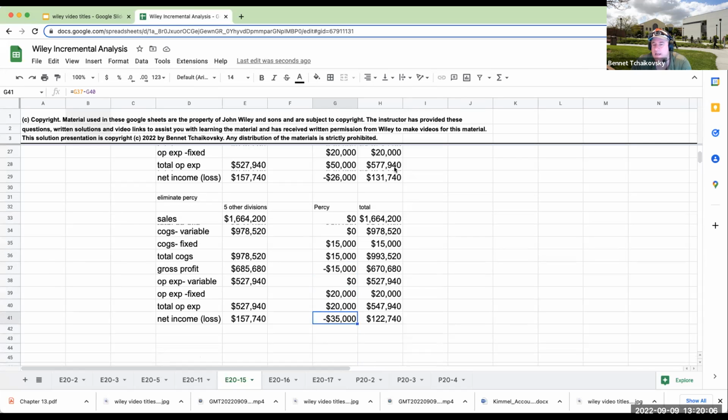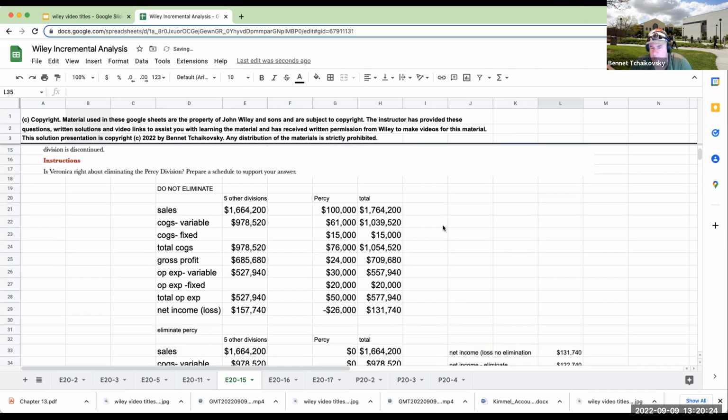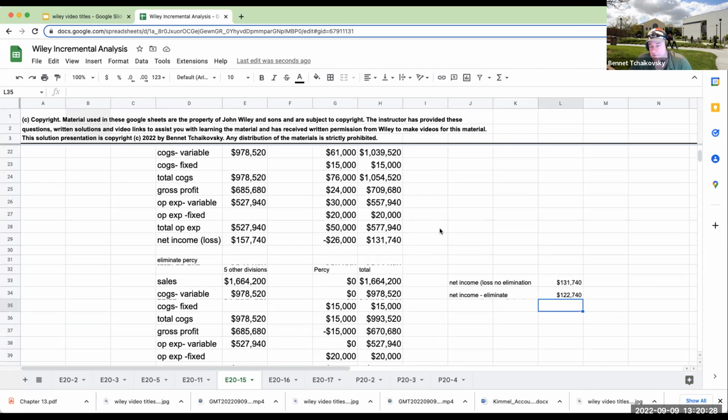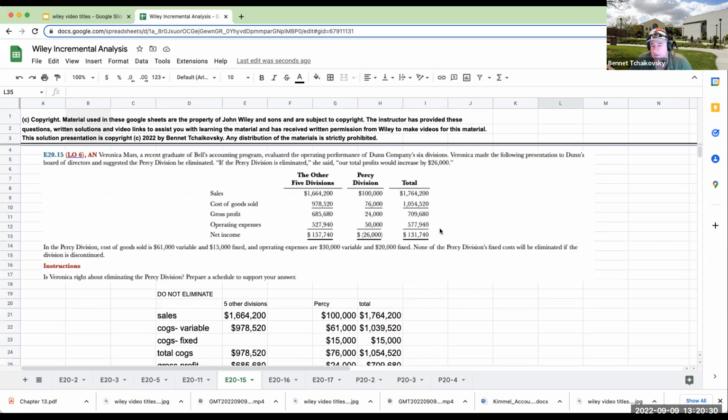So what we see happening is that my net income with no elimination is going to be 131,740. My net income if I eliminate is going to be over here at 122,740. So when you look at this, you're saying, okay, if I eliminate it, I'm in a much better place.